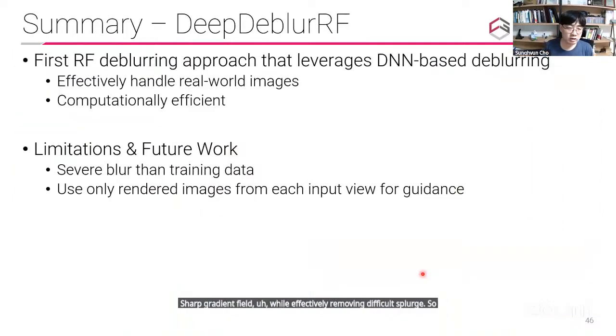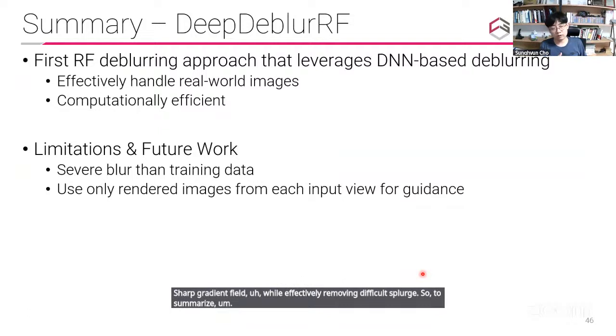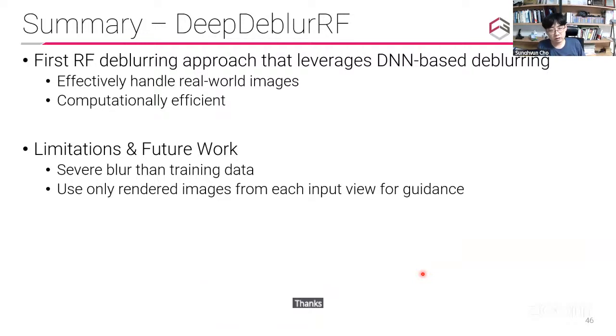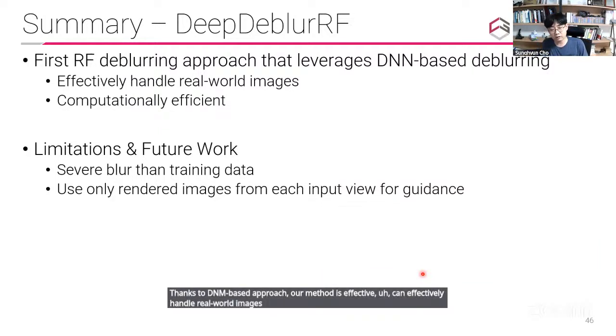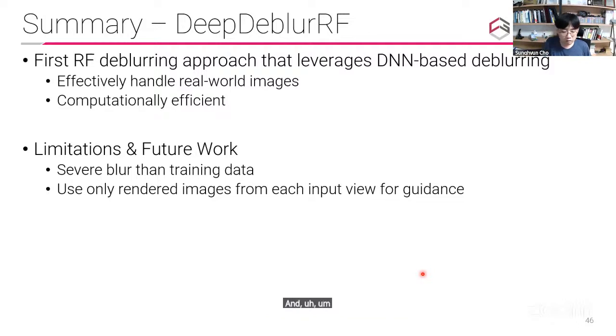So to summarize, in this work we presented the first RF deblurring approach that leverages DNN-based deblurring, and thanks to the DNN-based approach, our method can effectively handle real-world images, and it is also computationally efficient. On the other hand, our method has a couple of limitations.